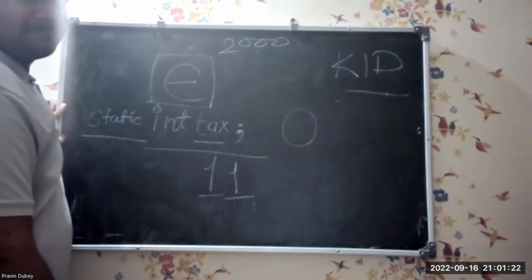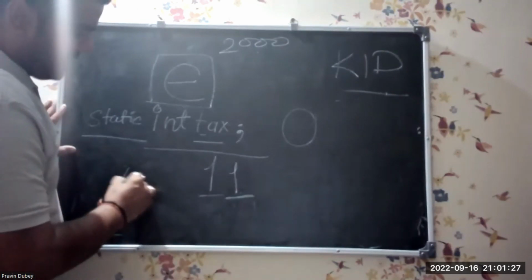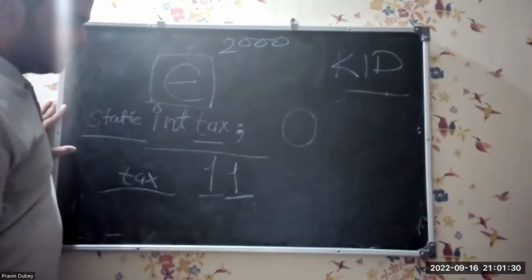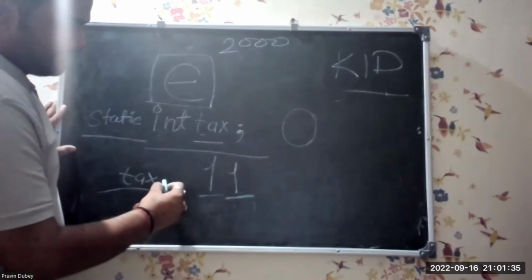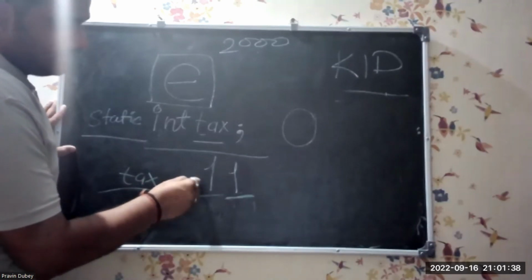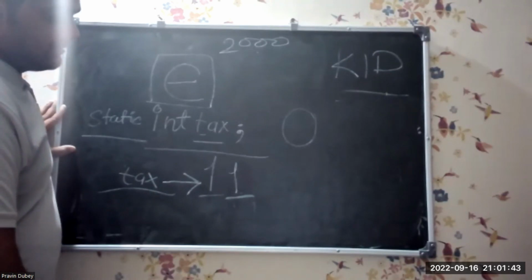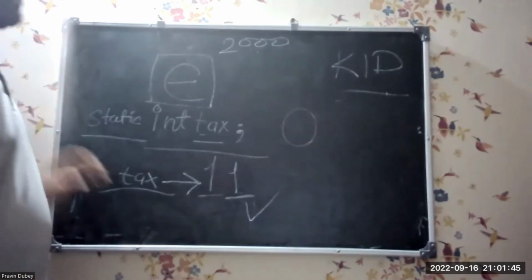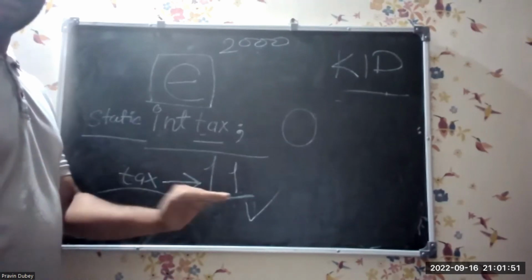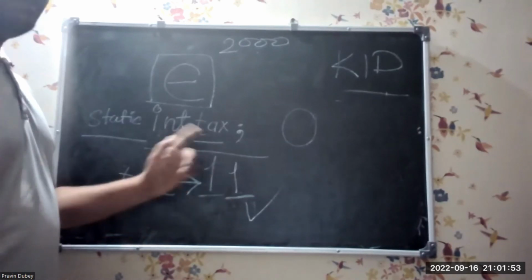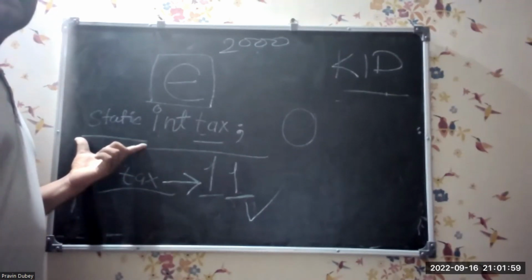No. So if I try to get the value of tax now, what will be the value? 11 for all employees, all 2,000. It will be 11 only. Perfect. So for everyone, it is 11. One copy shared across the objects, saving the memory. That was the reason why static was introduced.